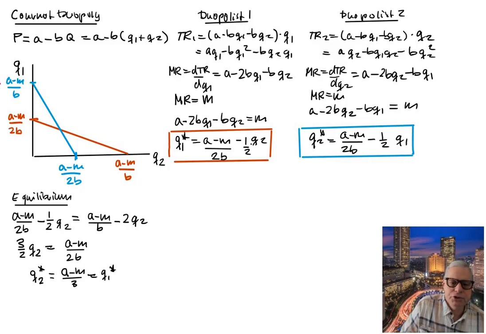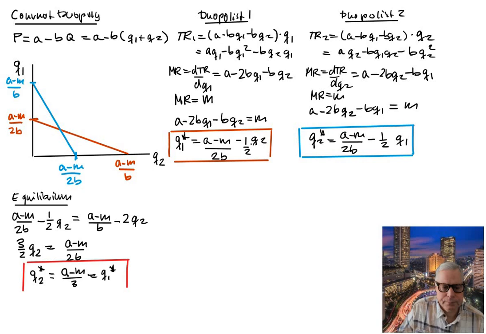But if you want to double check, plug in (A minus M) over 3 into this equation for Q2, and you will get the same result. So those are the optimum quantities, and so now we can also calculate the equilibrium price. So what's the equilibrium price?